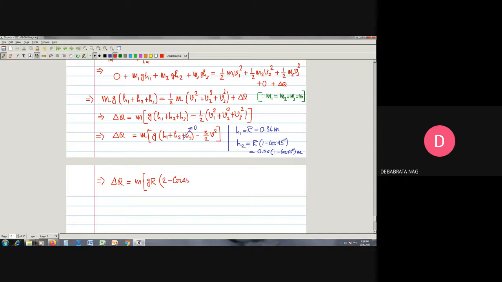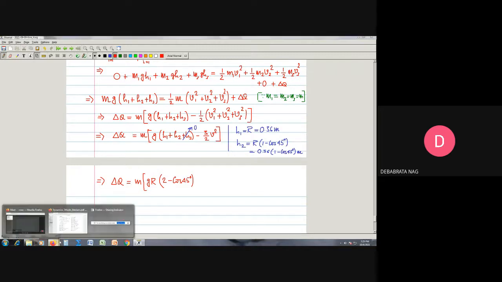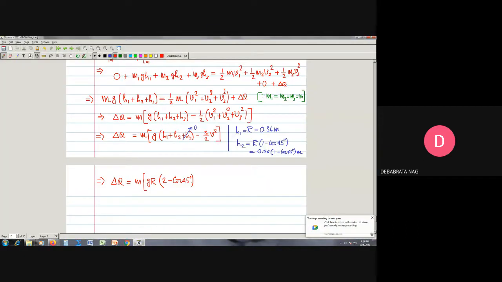With simple algebra, H1 plus H2 turns out to be R into 2 minus cos 45 degree. So it is g R into 2 minus cos 45 degree, minus 3 by 2 V squared.